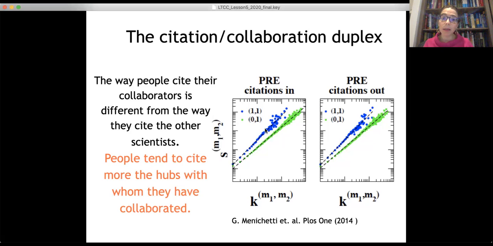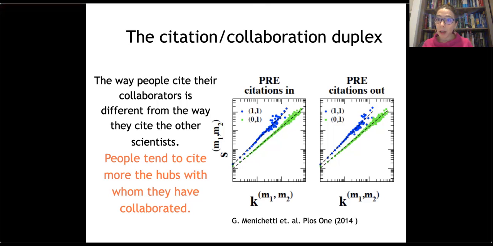And we found that this regression has different beta coefficients, indicating that there is a different statistical trend in the way people cite their collaborators with respect to the way they cite their non-collaborators. In particular, there is a more significant trend of people citing more the authors with whom they have collaborated than the authors that have not collaborated with them.